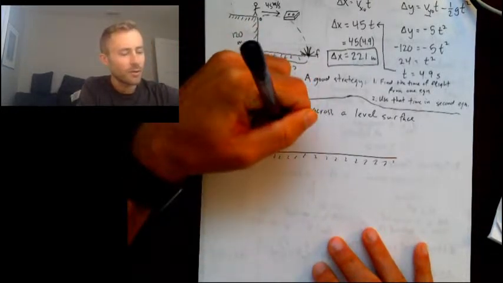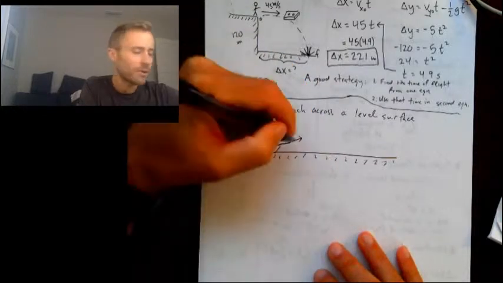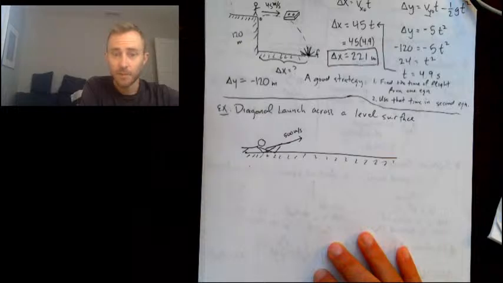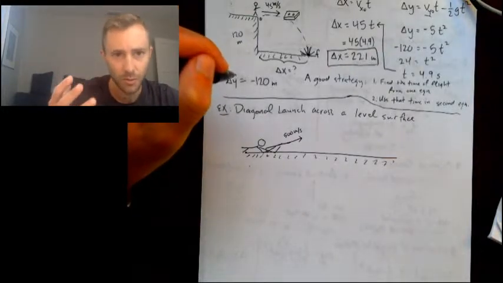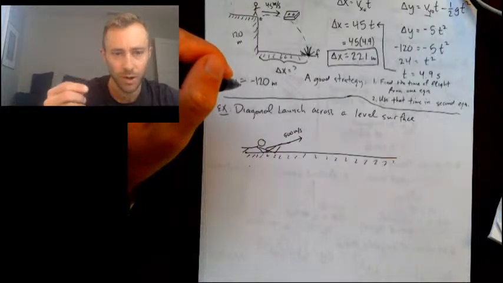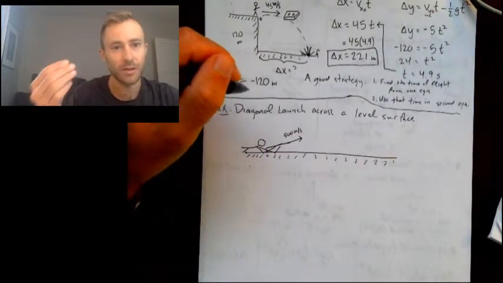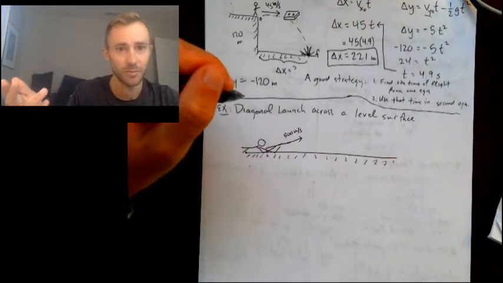And the sniper launches a projectile at 500 meters per second. Okay? Does that mean the velocity is always going to be 500 meters per second? No, that's the initial launch speed. Gravity will accelerate the bullet, cause it to curve, cause it to speed up, slow down.